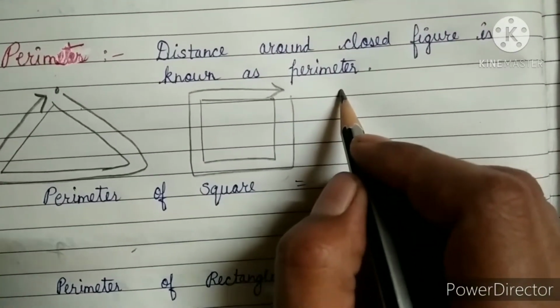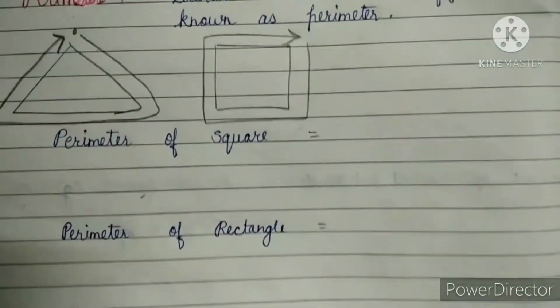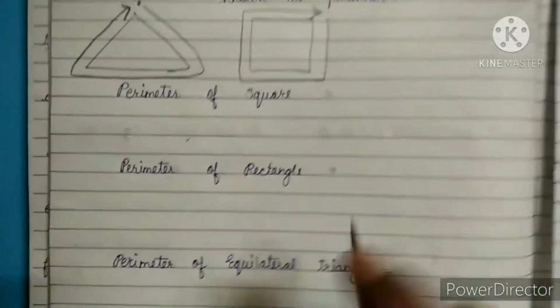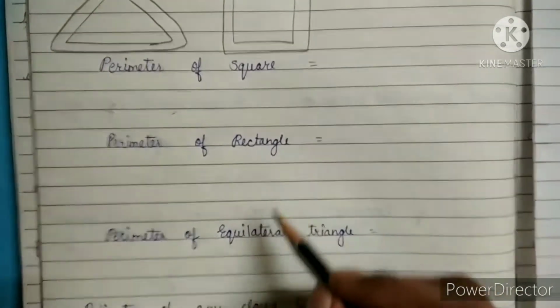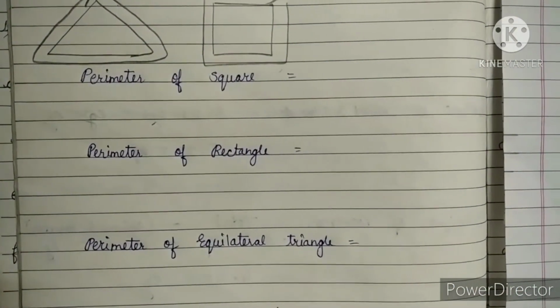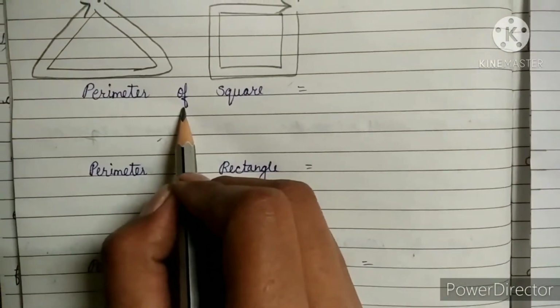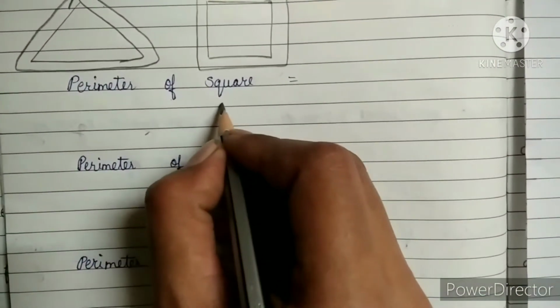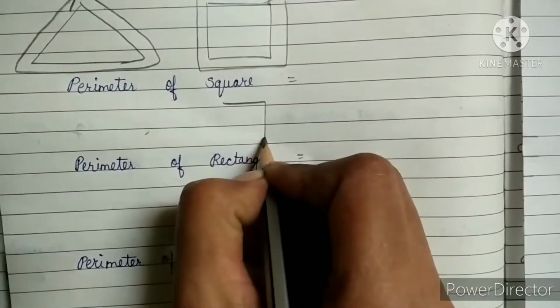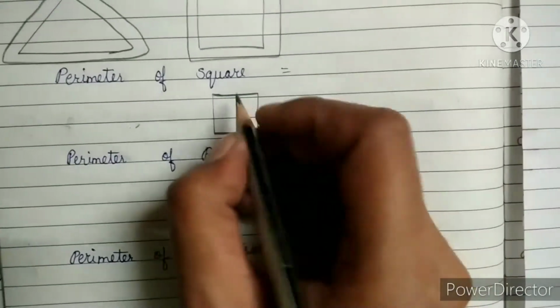For getting the perimeter of regular figures, that is square, rectangle, and equilateral triangle, we have some formulas. So let's see the perimeter of a square. You know a square is a closed figure having all sides equal.